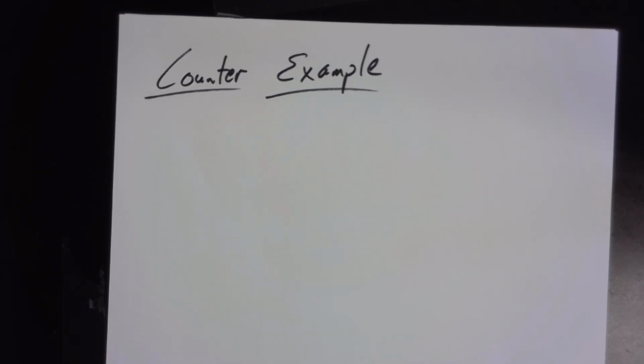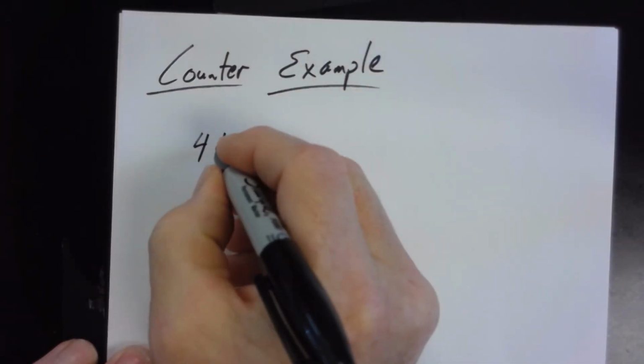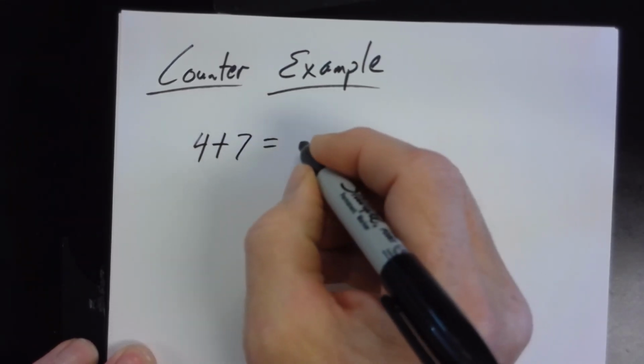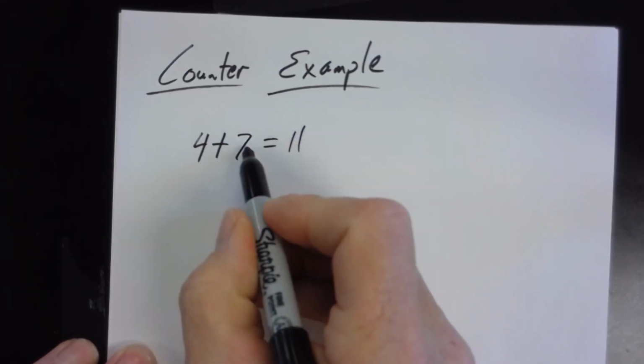A student makes the following conjecture about the sum of two numbers. Find a counterexample to disprove the student's conjecture. Don't read on down below, just listen. The sum of two numbers is always more than the greater number. Well, let's see. 4 plus 7 is 11. Isn't that more than the greater of these two?